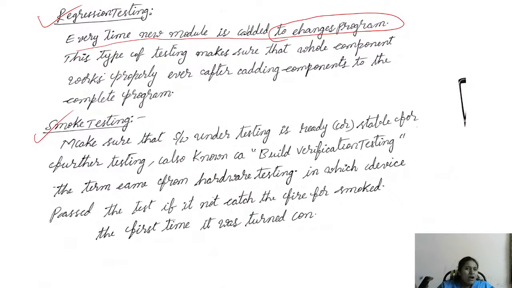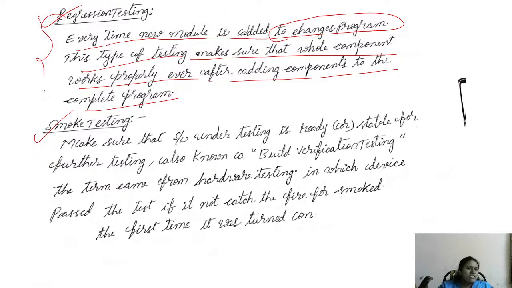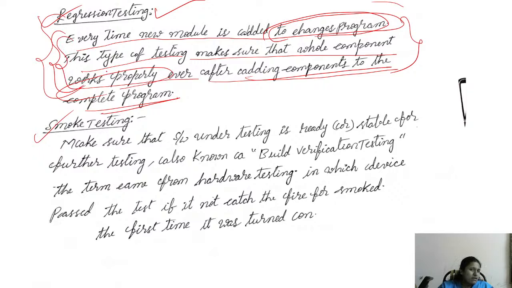This type of testing makes sure that the whole software works properly even after adding components to the complete program. This is called regression testing. Please remember, most of the time questions are based on these definitions only.